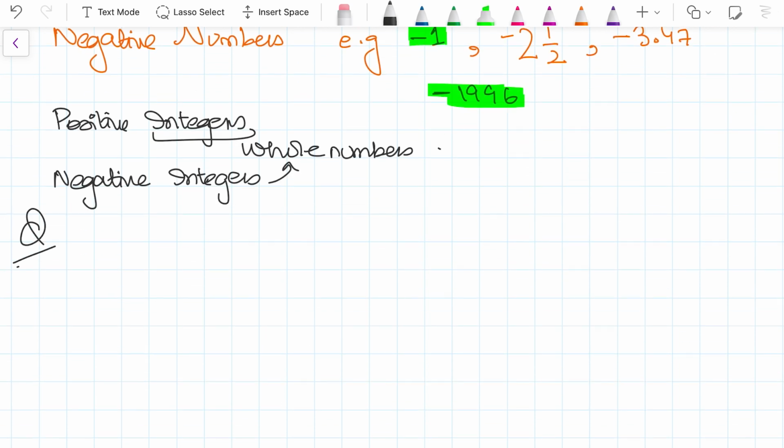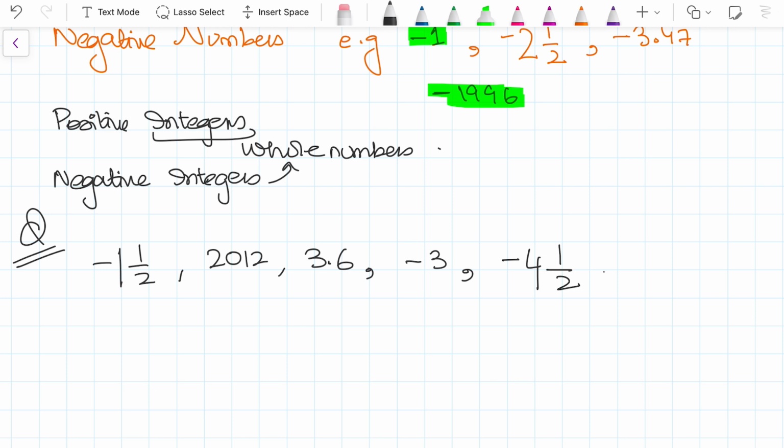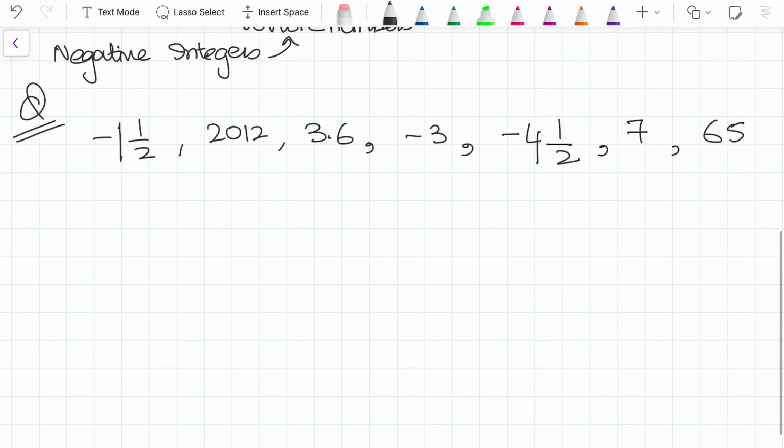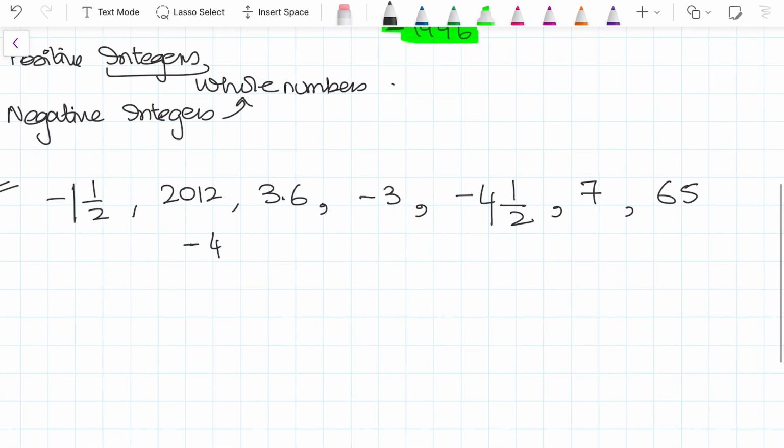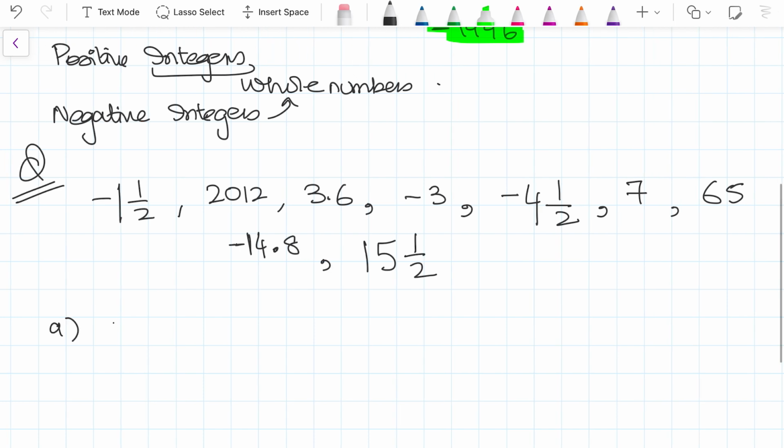For example, if you have a list of numbers, and now I have to write positive numbers.